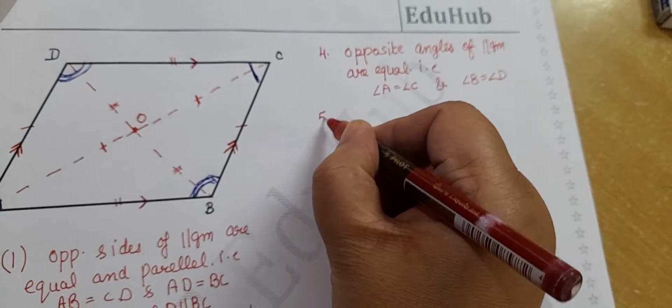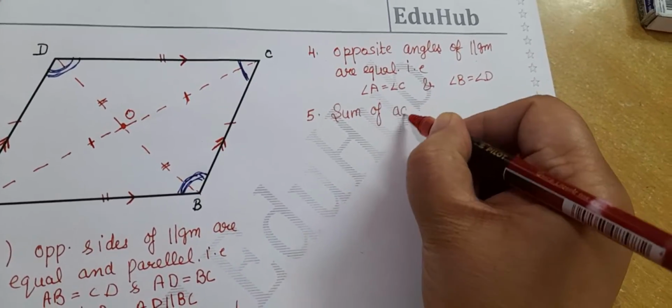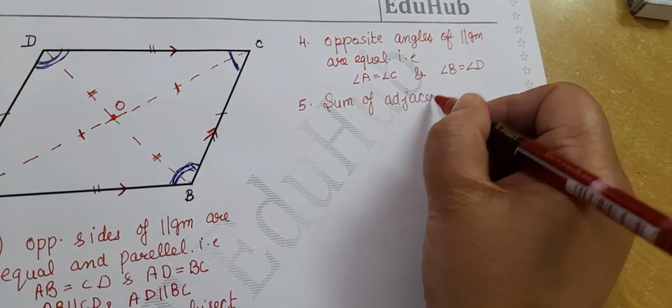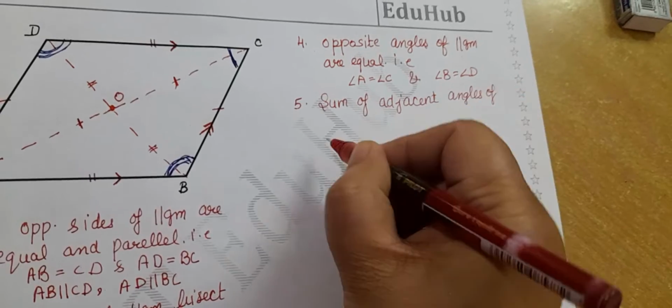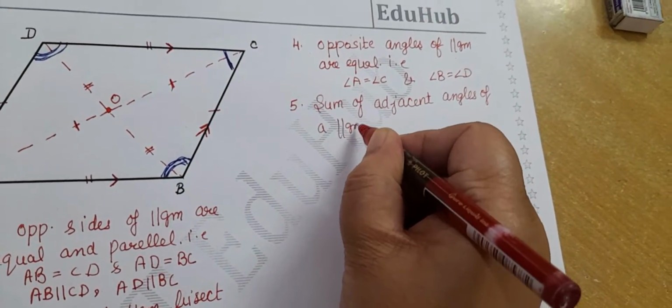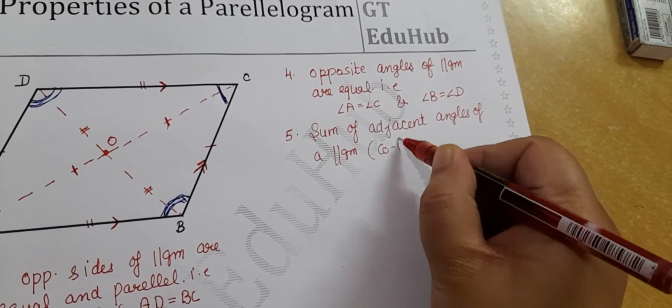Now the fifth property is: sum of adjacent angles of a parallelogram is 180 degrees. Students, keep in mind adjacent angles are also called co-interior angles.